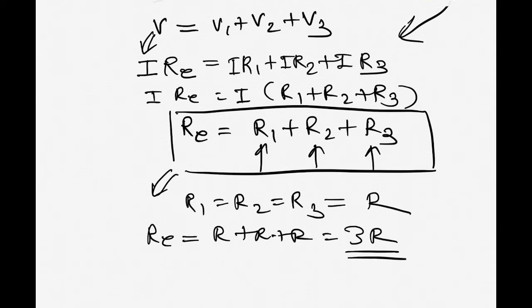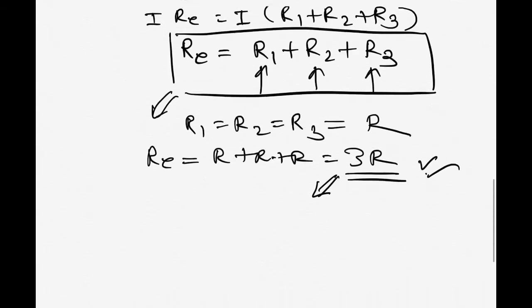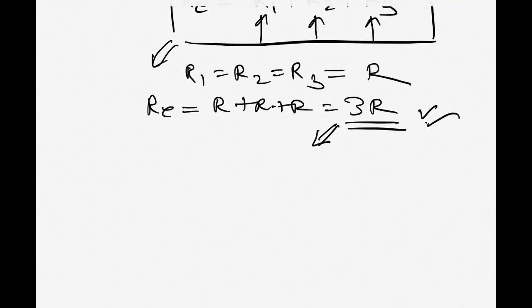So you see, resistors in series are basically used where you want to increase the resistance of the circuit. Why do we want to increase the resistance of the circuit? Generally, when we want to reduce the current in the circuit. If we want to reduce the current in the circuit, we have to add resistors in series.